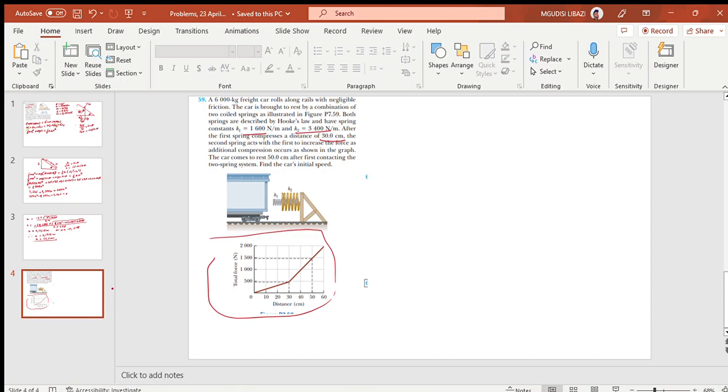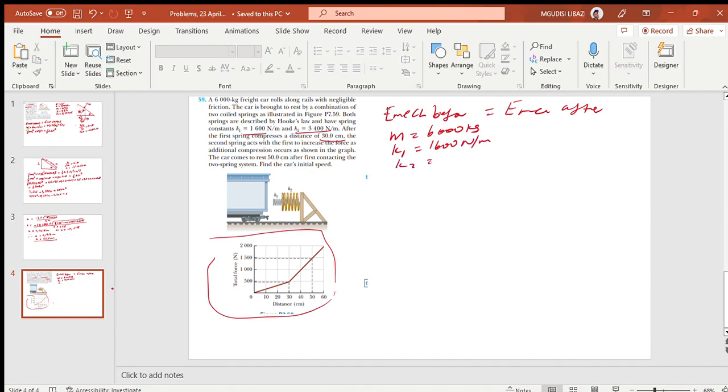So now again we can use the energy equation, frictionless surfaces. We know that E mechanical before is equal to E mechanical after. Let's take the data. We have the mass of the fridge car, which is equal to 6,000 kilograms, and then we have the spring constant K1, which is equal to 1,600 newtons per meter.